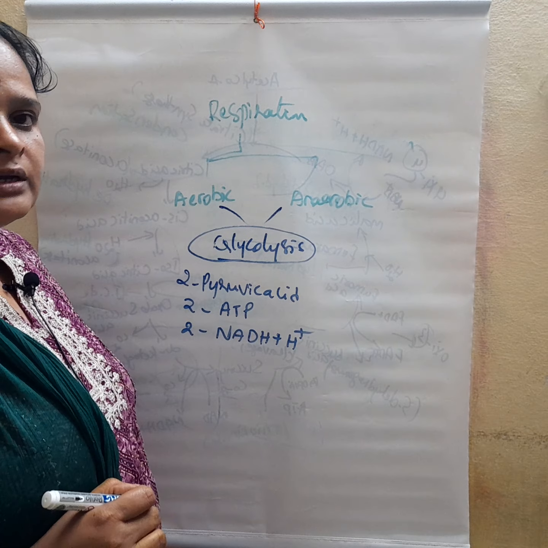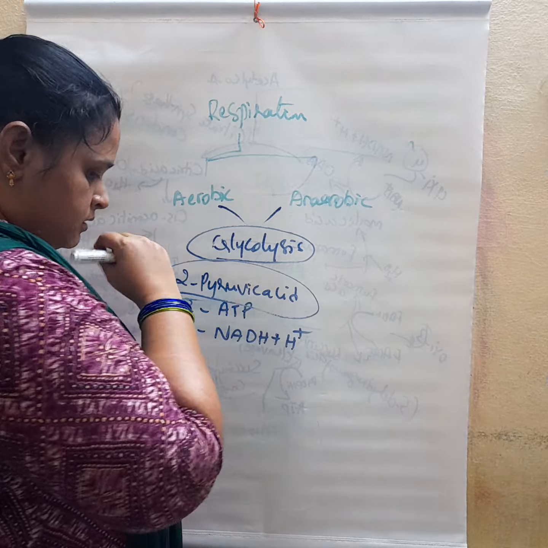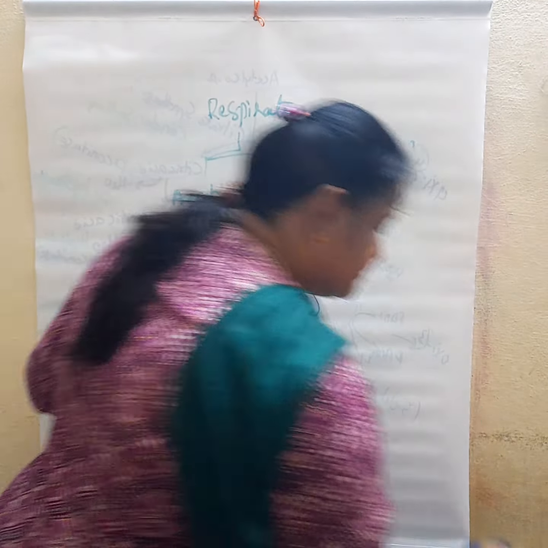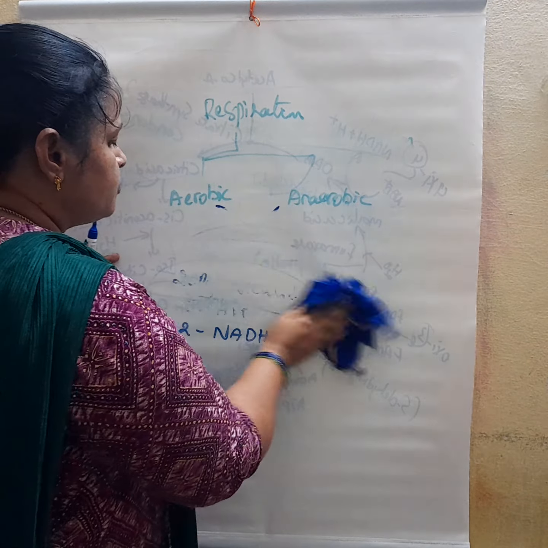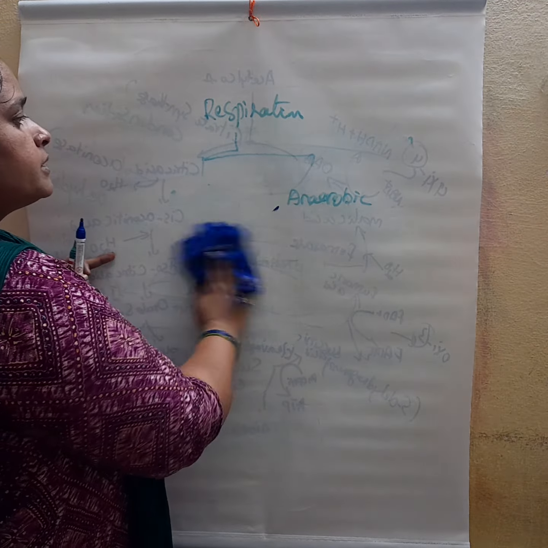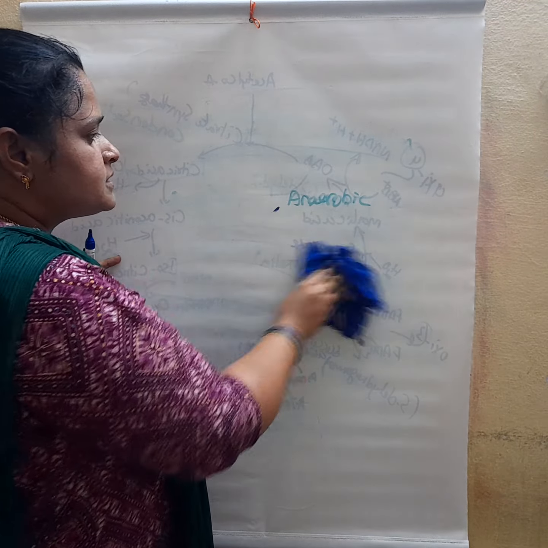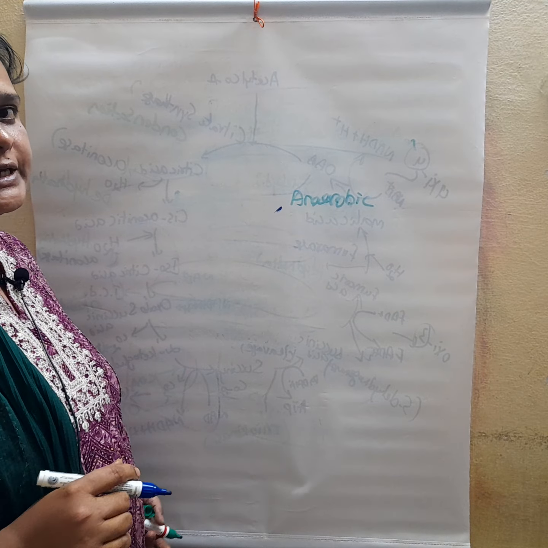So what is the fate of this pyruvic acid? If it enters anaerobic conditions, that means in anaerobic bacteria, what happens? We'll discuss it first, because it is a simple process. After completing the simple process of anaerobic respiration, we'll go to the detailed topic of aerobic respiration.